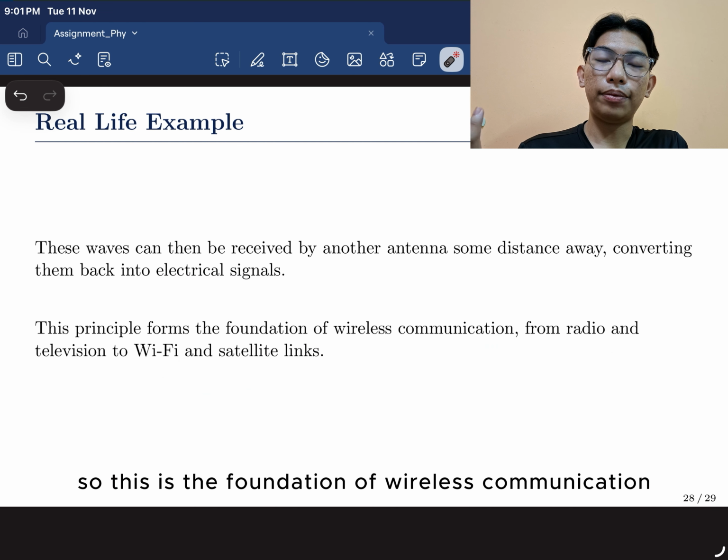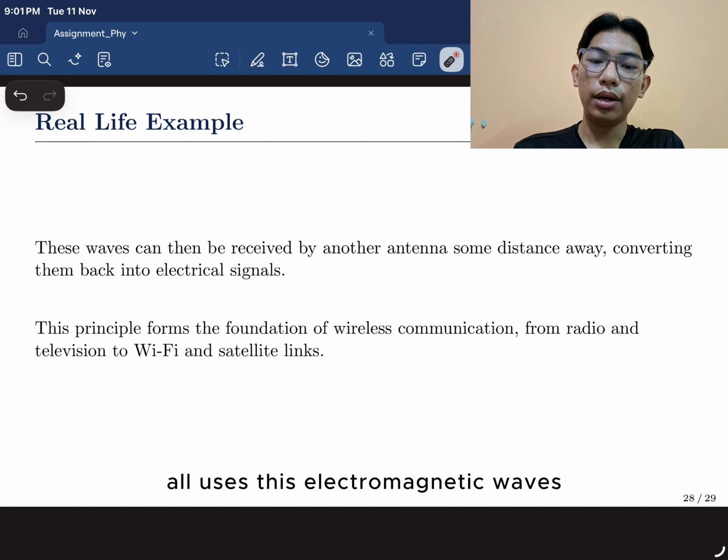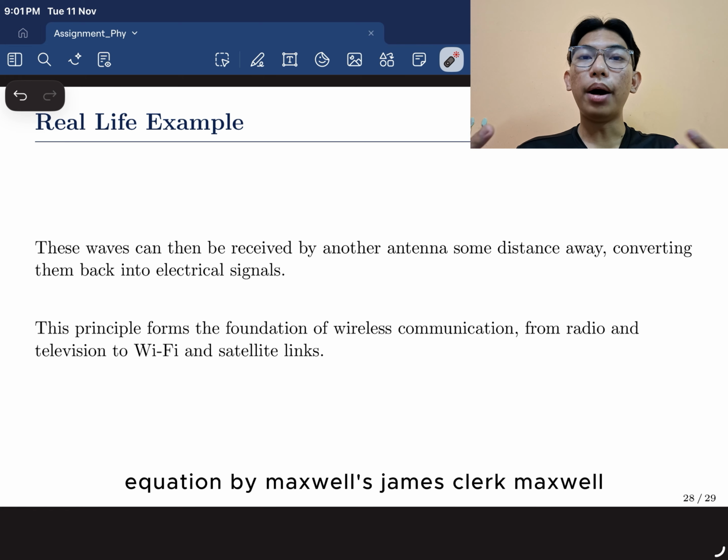So this is the foundation of wireless communication. From radio to television, Wi-Fi, and satellite links, all use these electromagnetic wave equations by James Clerk Maxwell.